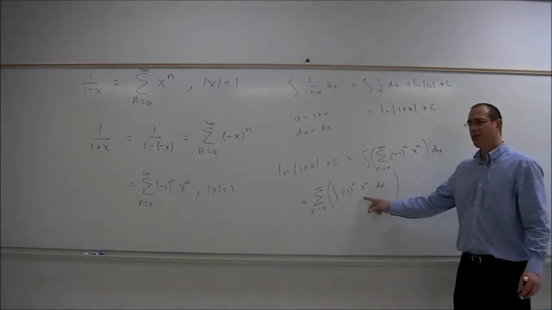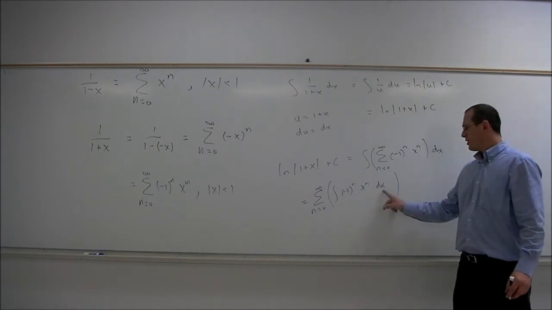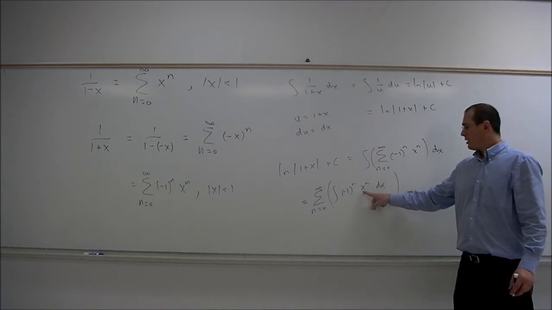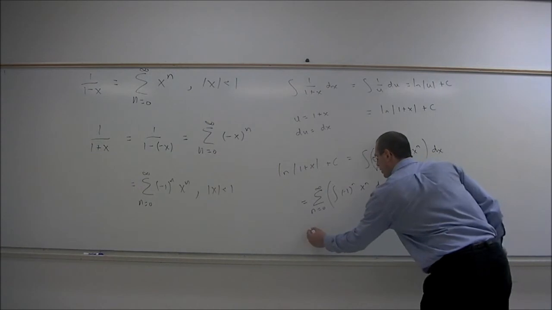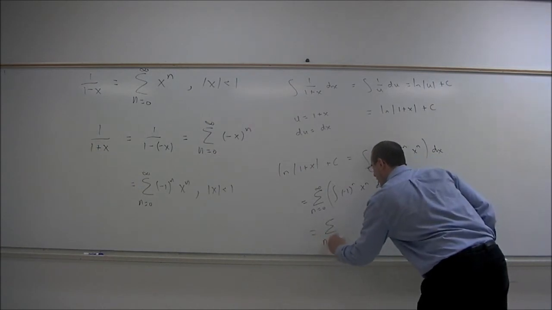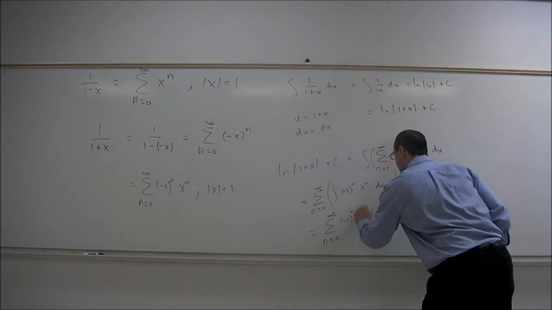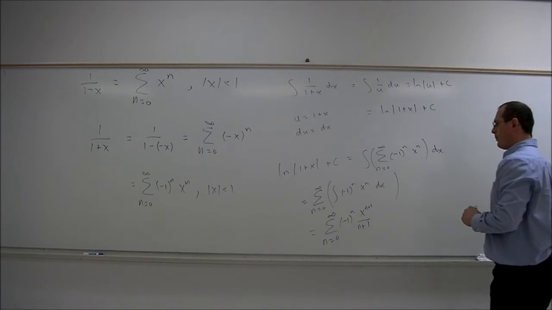And this integral is easy to evaluate. Negative 1 to the n is a constant as far as x is concerned. And the integral of x to the n, that's a power function. The antiderivative is x to the n plus 1 over n plus 1. So we get the summation n equals 0 to infinity, negative 1 to the n, x to the n plus 1, over n plus 1.